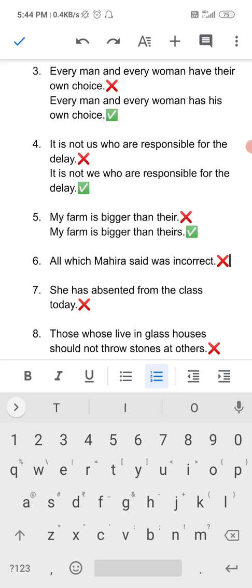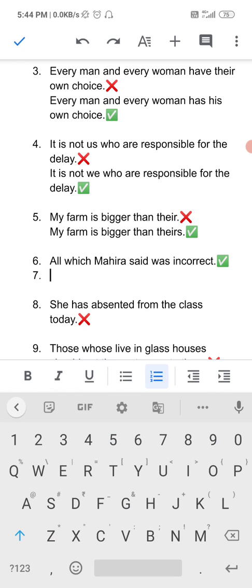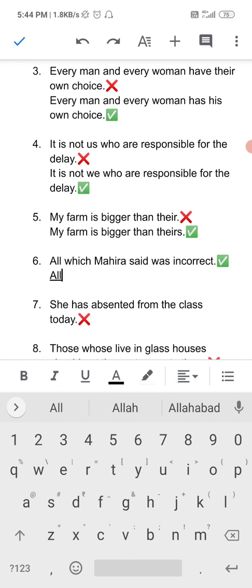The relative pronoun should be that here in case of all. Right? Move to the next step. So here we have to use "all that Mahira said was incorrect."